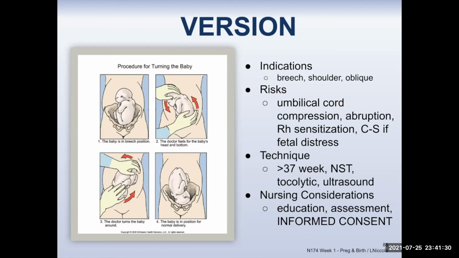We want to see how much fluid there is, because there has to be enough. We want to see where the cord is and where the placenta is. If the position of the baby and everything is just right, the physician will give mom a tocolytic IV to relax that uterus, and the physician will manually turn the baby from a breech position to head down, as you see here.